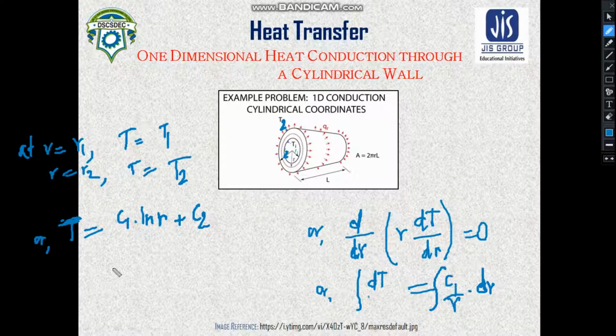After solving these equations, we will observe that C1 can be written as minus of T1 minus T2 divided by ln of r2 by r1.